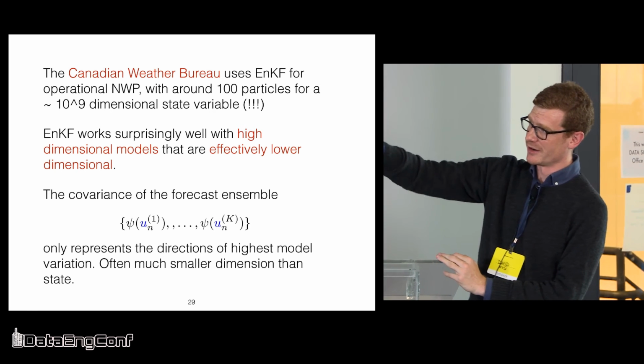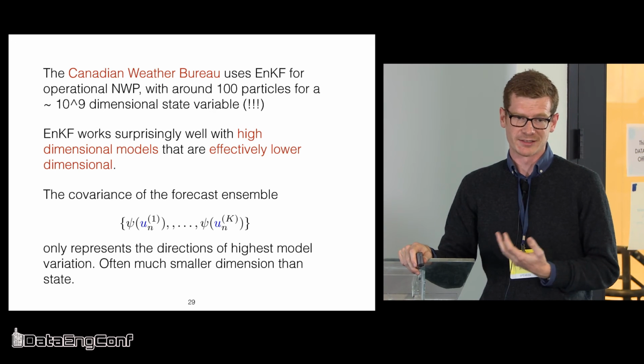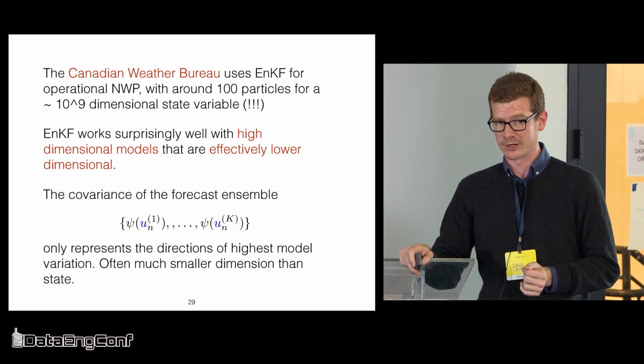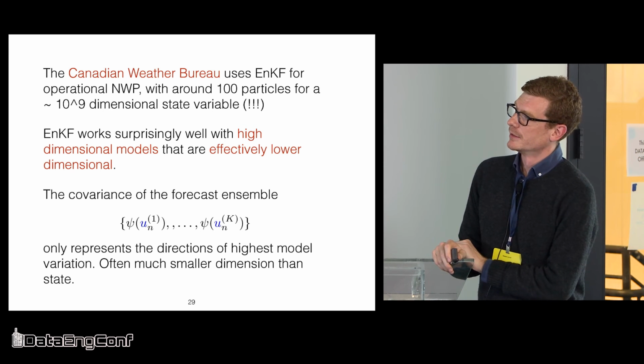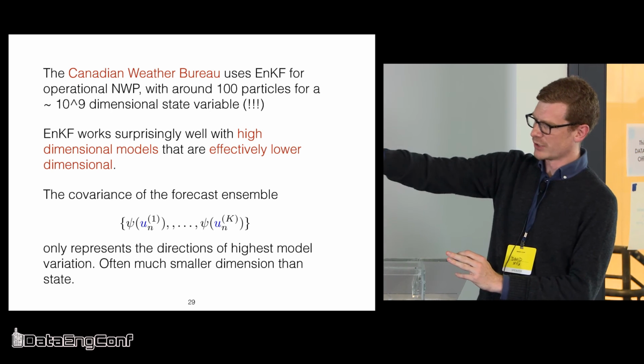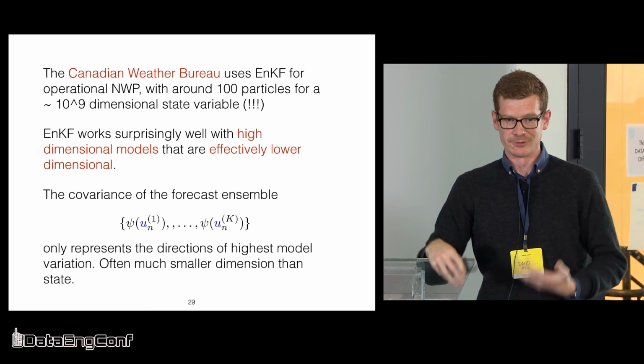So this is another line of direction for mathematicians, trying to figure out how you can use the fact that these models have effective lower dimensionality to prove that EnKF will really work. And the intuition is that this covariance, the forecast ensemble, doesn't explore the boring directions of your enormous space.